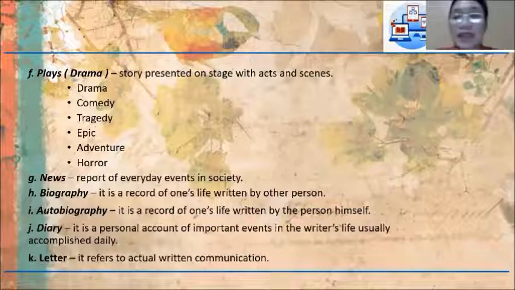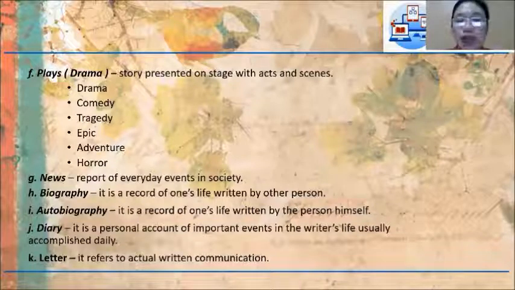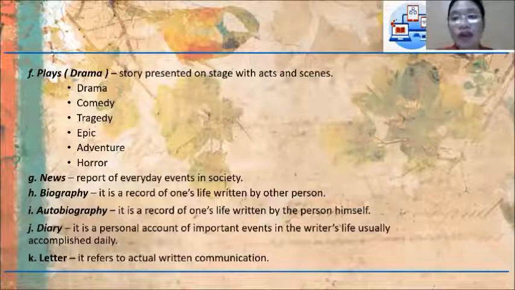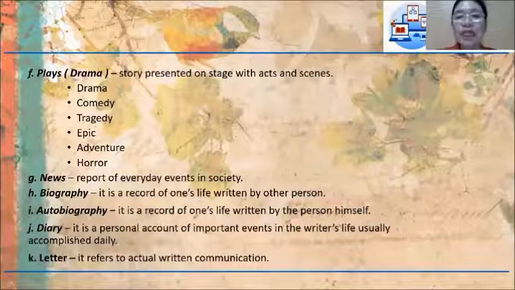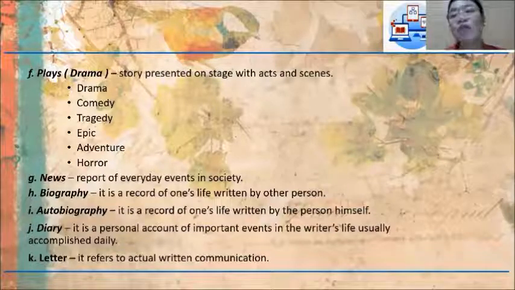And then diary. It is a personal account of important events in the writer's life, usually accomplished daily. So before, we usually wrote our daily accomplishments in a notebook or in a journal. So that serves as our diary.